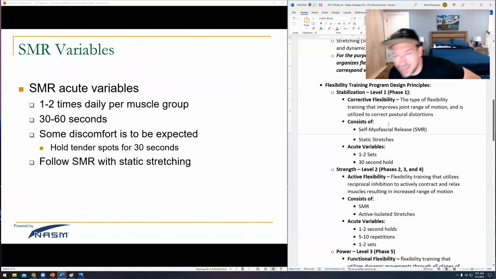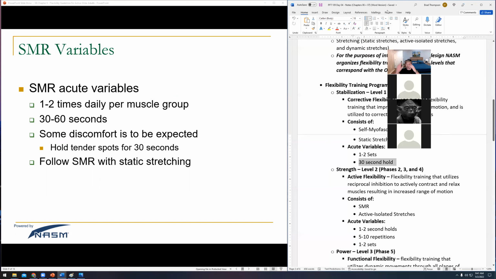So our rules for how to do this, if we're going to focus on these tight muscles: we want to do it 1 to 2 times per muscle group, so 1 to 2 sets, 30 to 60 seconds. I'm going to write 30 seconds here because that's actually what it says in your book. If your muscle's being really stubborn, you could do even longer.